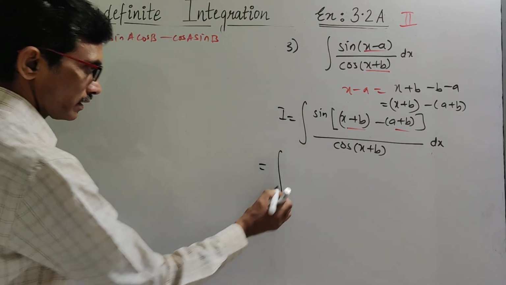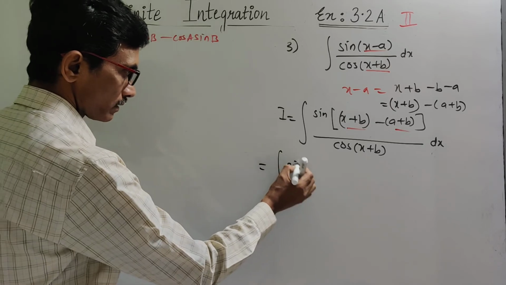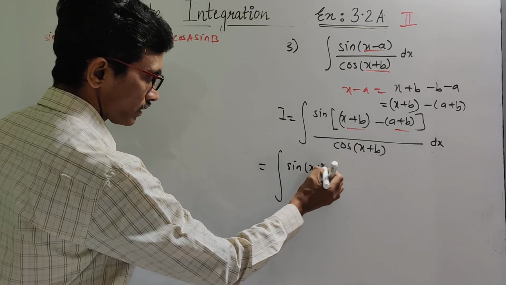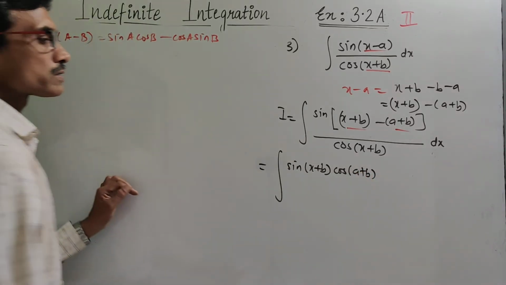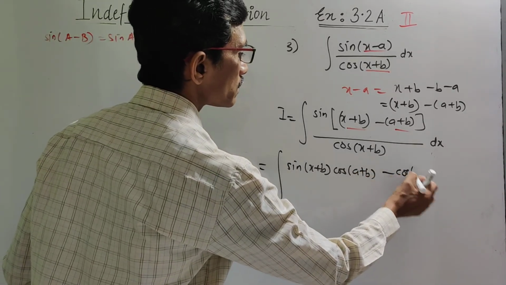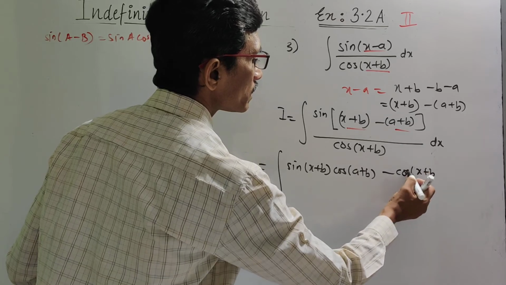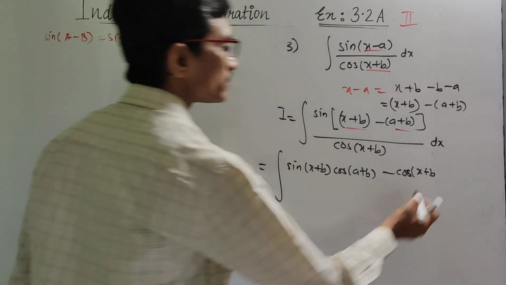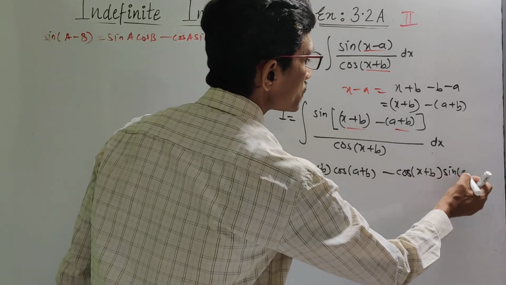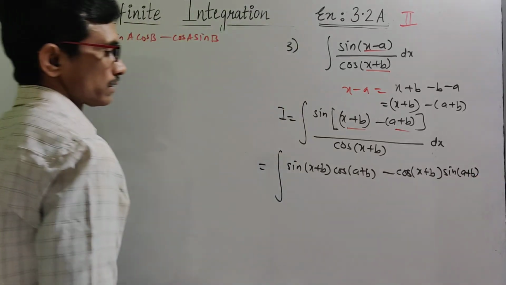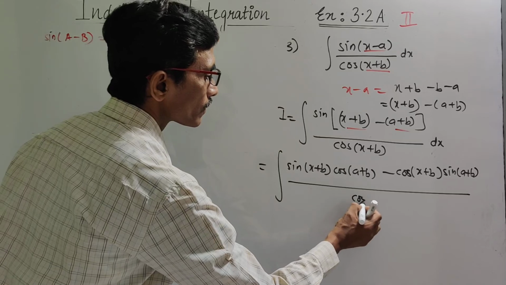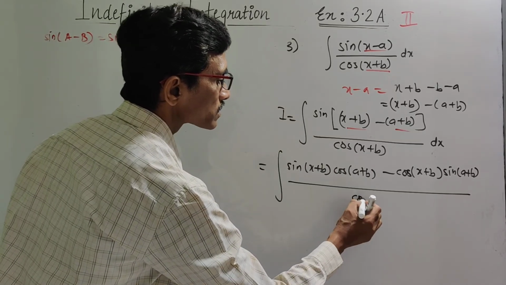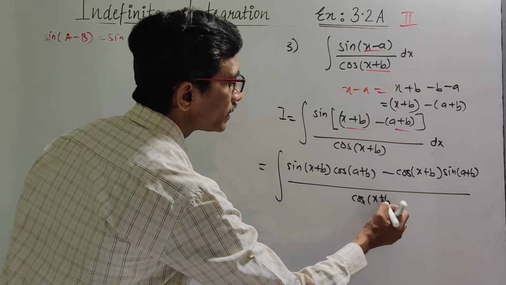It is the integral of sin of (x plus b) into cos of (a plus b) minus cos of (x plus b) into sin of (a plus b), and whole divided by cos of (x plus b) dx.